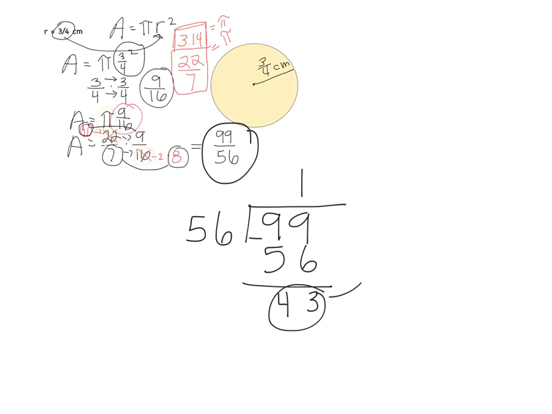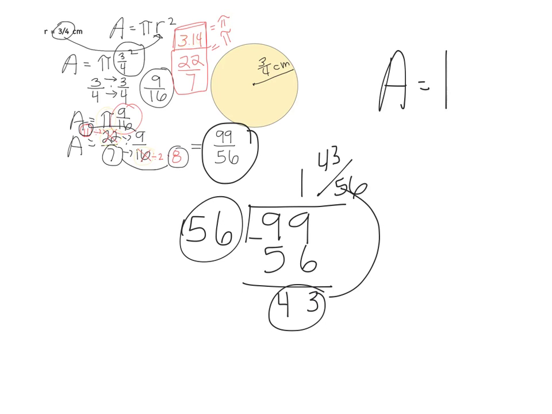This becomes the numerator in my fraction. So 43 over 56. Let's write it proper, okay? So answer, area equals 1 and 43/56 centimeters squared.